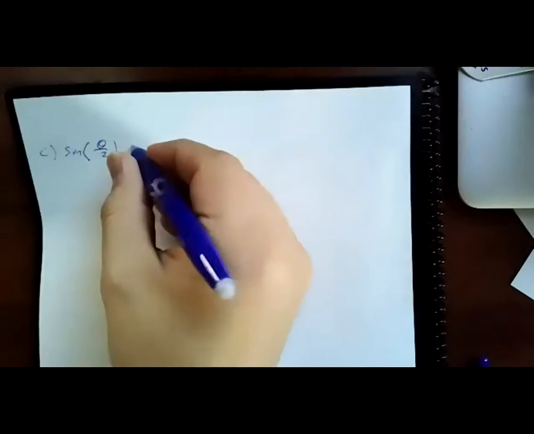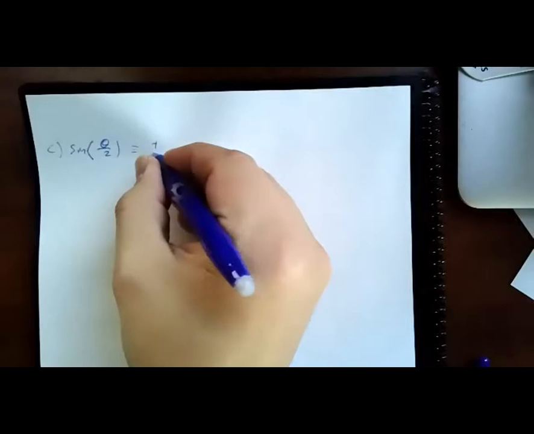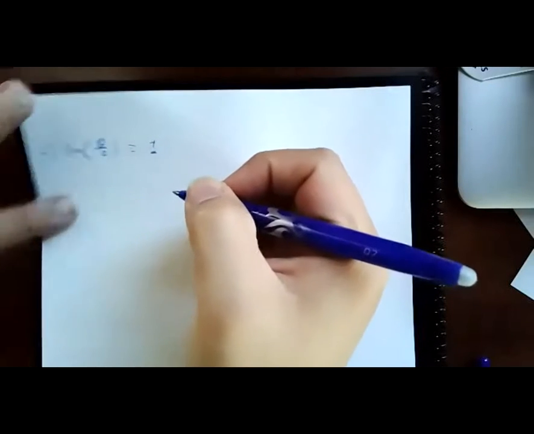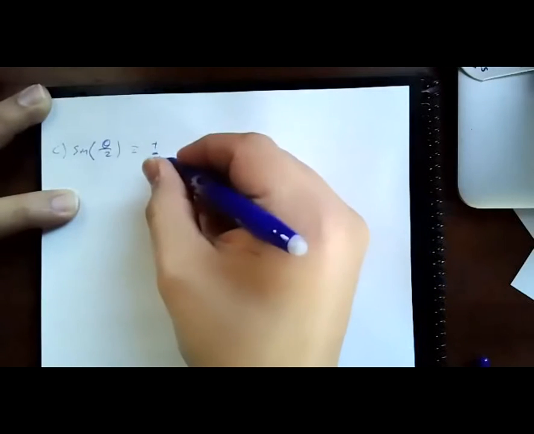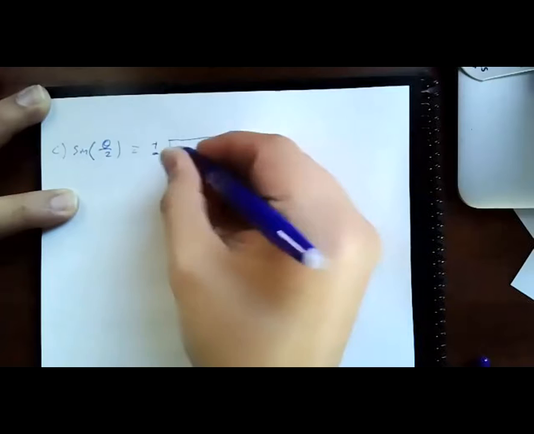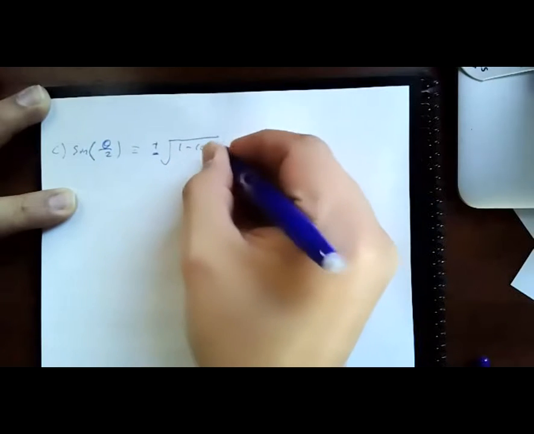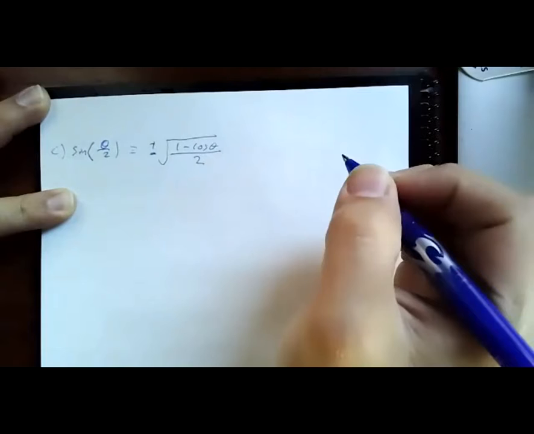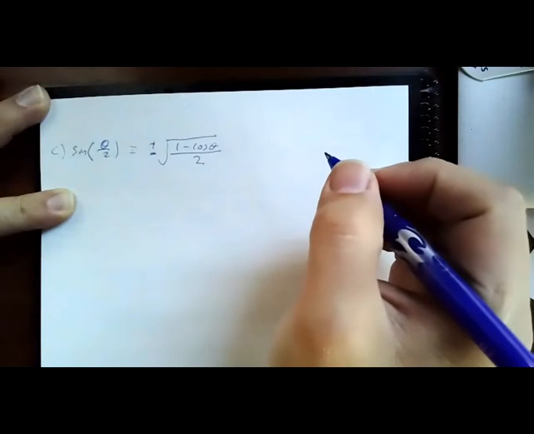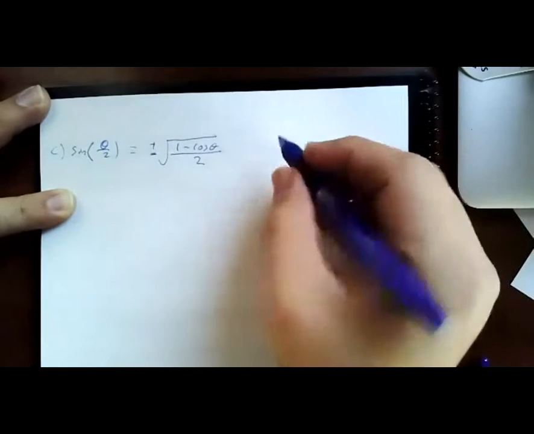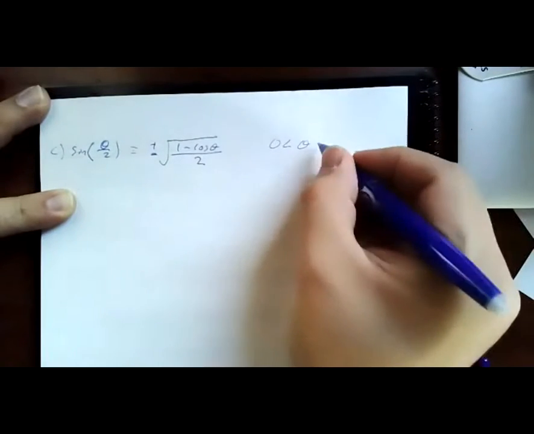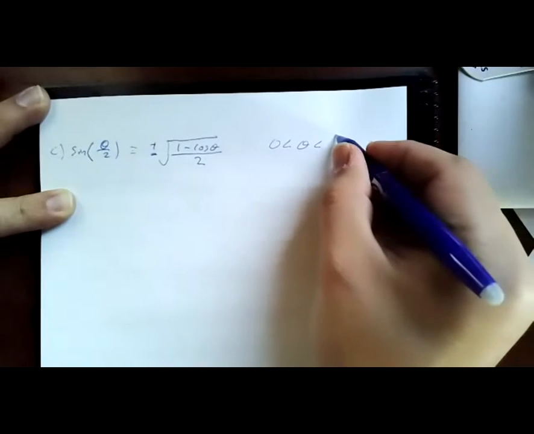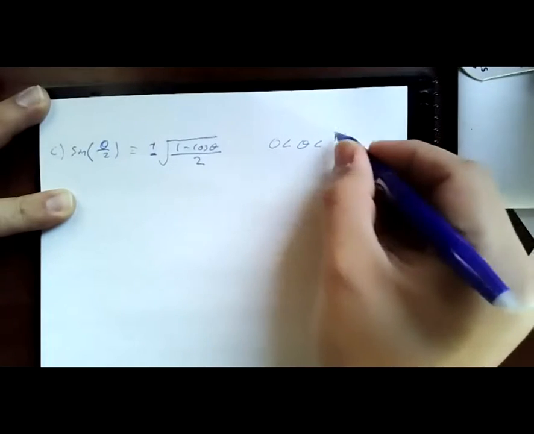The formula says it's equal to plus or minus the square root of 1 minus cosine theta over 2. And they also gave us information that theta was between 0 and pi over 2, right? That's what they said.